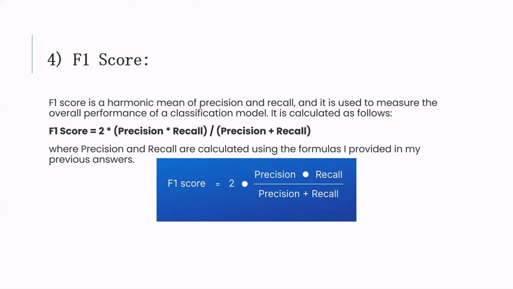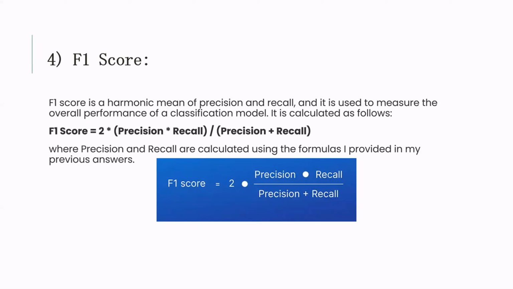It can be calculated by finding the harmonic mean of precision and recall: 2 into precision into recall by precision plus recall, where precision and recall are calculated using the formulas we provided earlier. F1 score is equal to 2 into precision into recall upon precision plus recall.